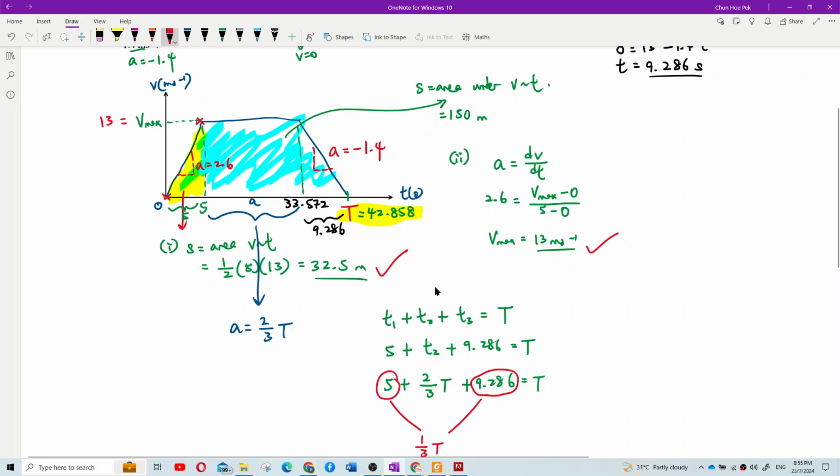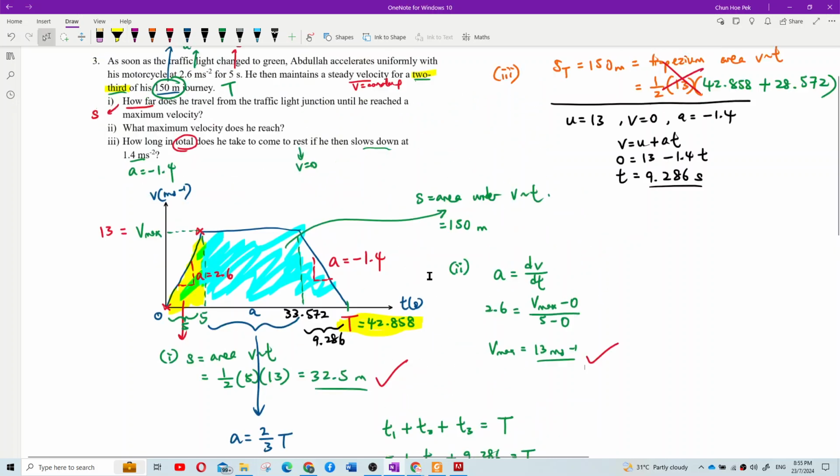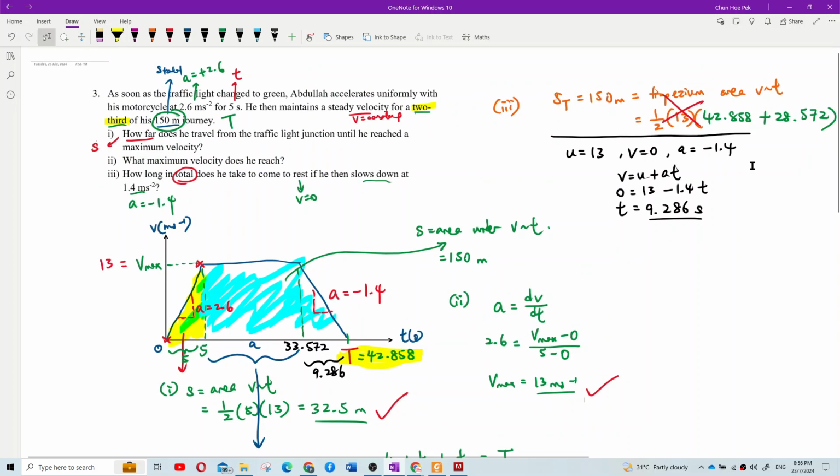So it's not 42. I got it wrong because this 2/3 of the journey is not 2/3 of the total time. It's actually 2/3 of the journey, 2/3 of the distance.